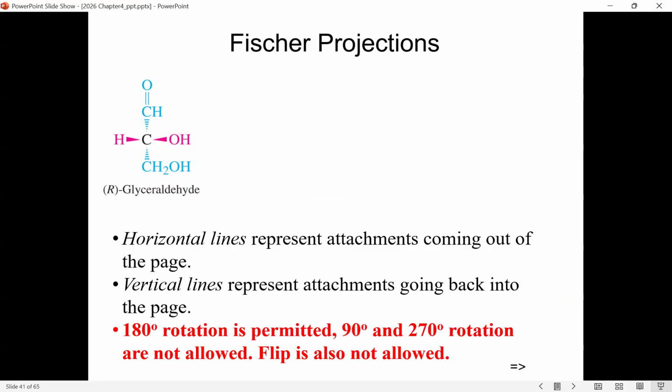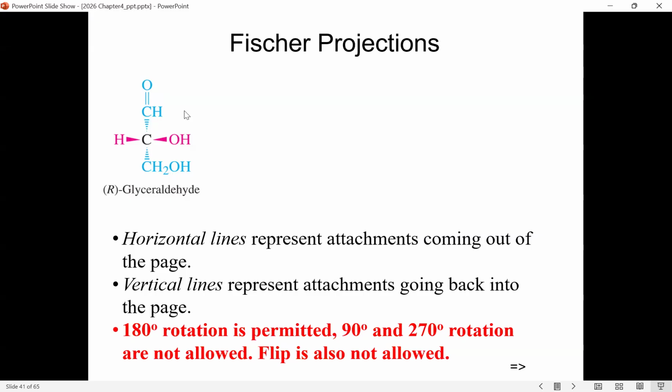Here we will learn the third way, called the Fischer projection. To draw the Fischer projection, you have to align the molecule and adjust its position a little. Make sure that the horizontal bonds point towards you as wedge bonds, and the vertical bonds go straight up and straight down, pointing away from you, connected by dash bonds.